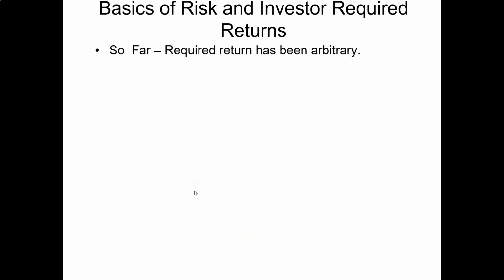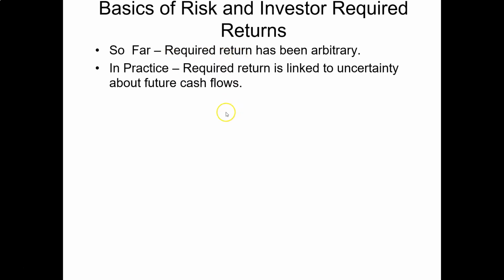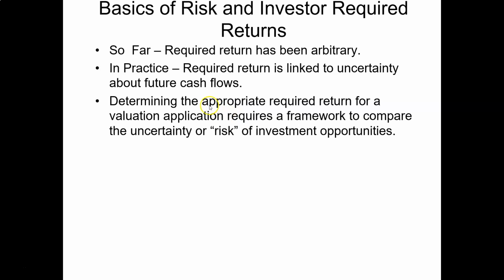In Lecture 4, we introduce the concept of required return. We assume the required return rate to be 10% or 4%, but we don't ask why the required return rate will be 10% or 4%. Well, in order to determine the appropriate required return, we need another framework, so we can consider the uncertainty or risk involved in an investment opportunity.